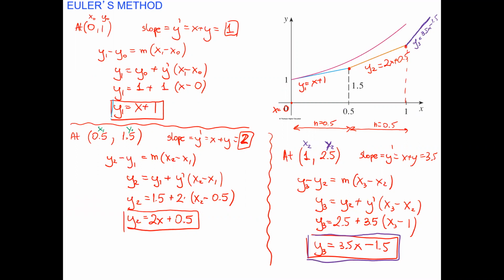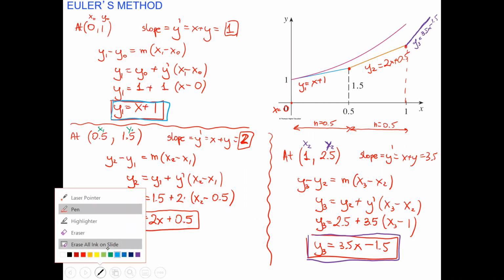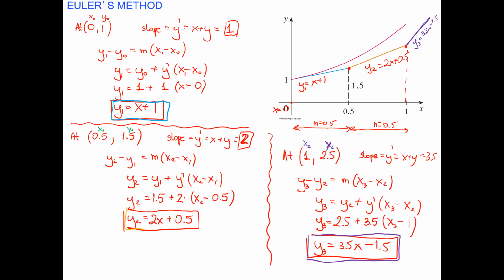So let's look at this, and we can of course approximate the corresponding y values. Let's look one more time. If I would like to approximate the value of the function at 3/4 here, I will use that tangent line.